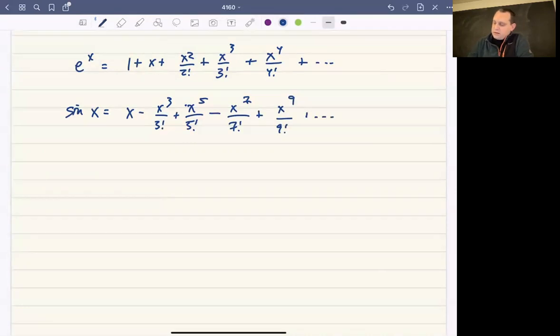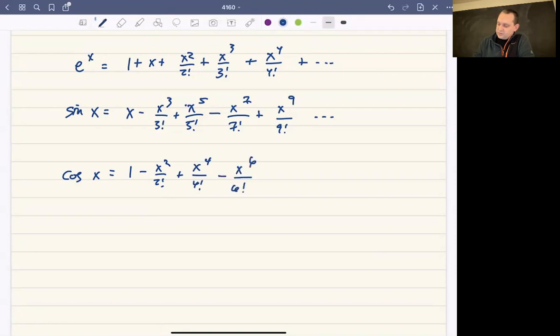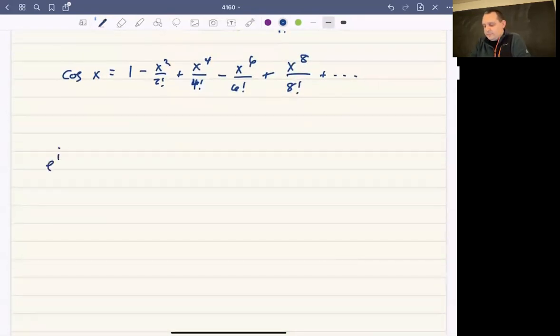And finally cosine. So cosine of x is 1 minus x squared over 2 factorial plus x to the 4th over 4 factorial, and so on, minus x to the 6th over 6 factorial. And so what I want to do is look at e to the i theta in terms of its Taylor series, using what we know about the Taylor series for e to the x.